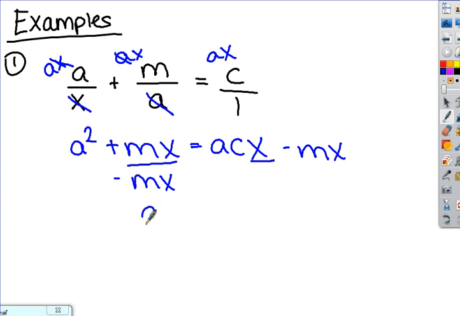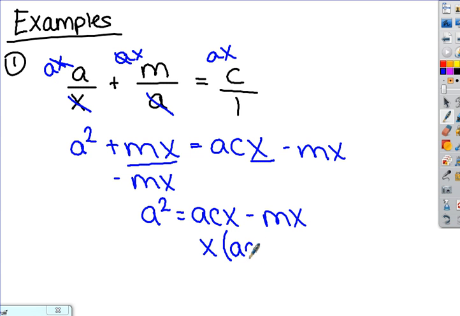So now our equation looks like this. A squared equals acx minus mx. Again, we're solving for x, so we want to get x by itself. Notice on the right side of the equal sign, both terms have an x. So we're going to factor that x out. When we factor x out, we're left with ac minus m.